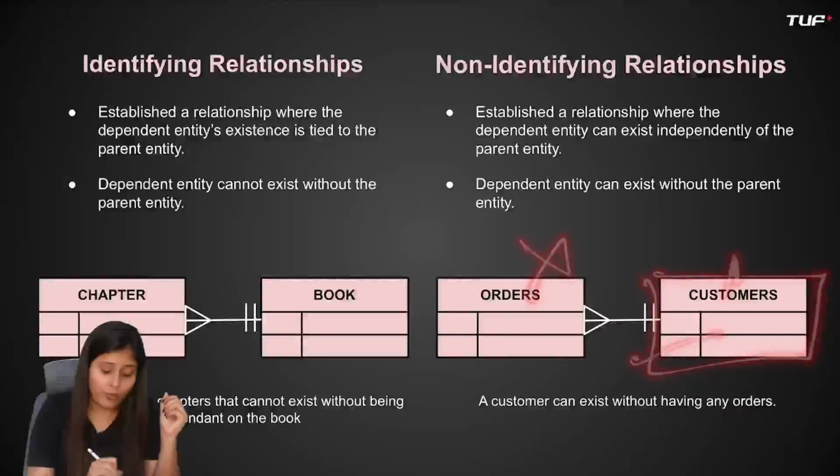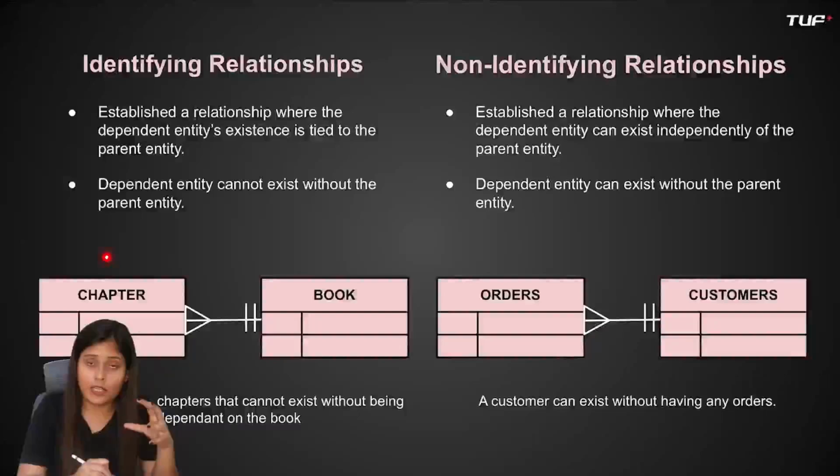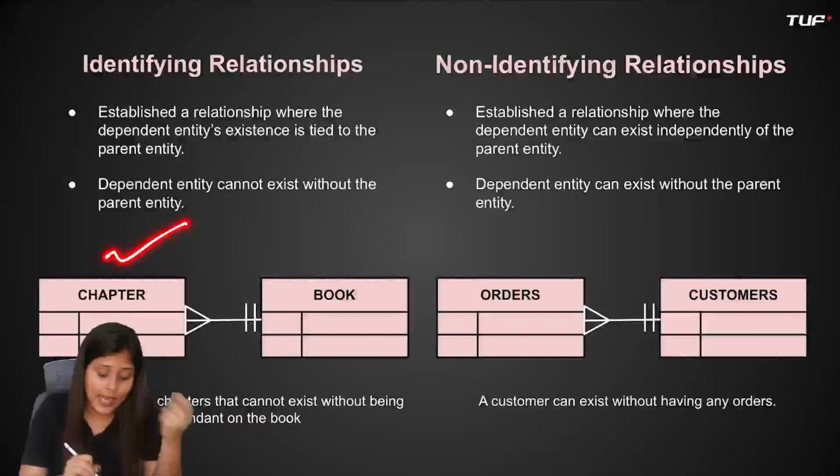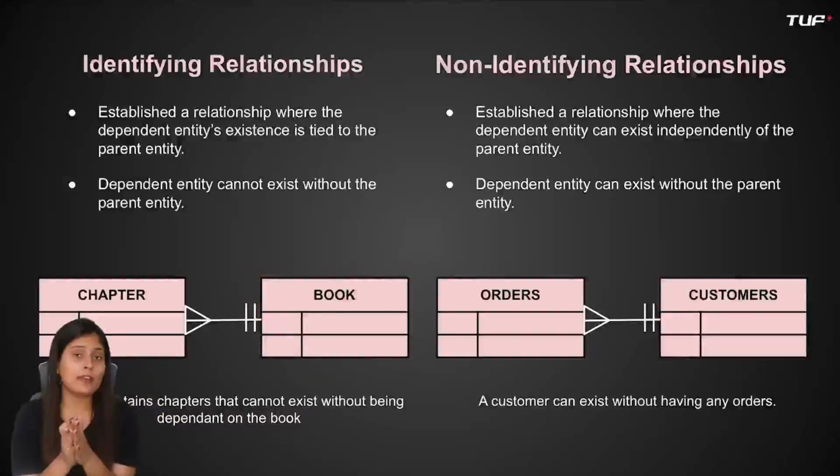But in case of book and chapter, if chapter is not there, then book cannot exist. A book cannot be there if no chapter is there, right? So basically, book and chapter is the identifying relationship, and customer and order is a non-identifying relationship.